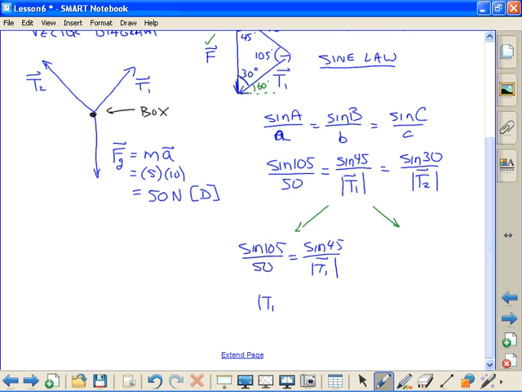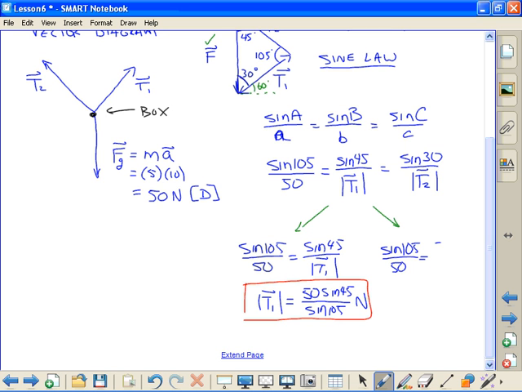Rearranging that, we find that the first tension is going to equal 50 sine 45 over sine 105. That's measured in newtons. So we've solved for the first tension, just like that. The second one, sine 105 over 50 equals sine 30 this time over the second tension.